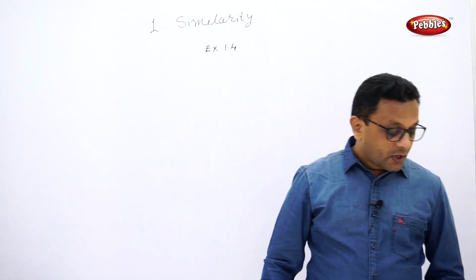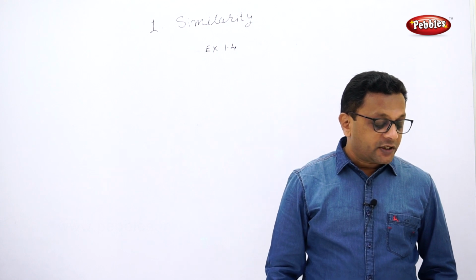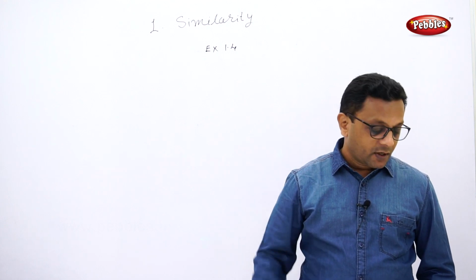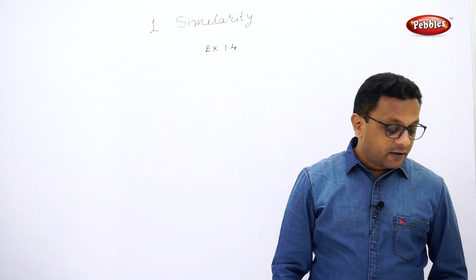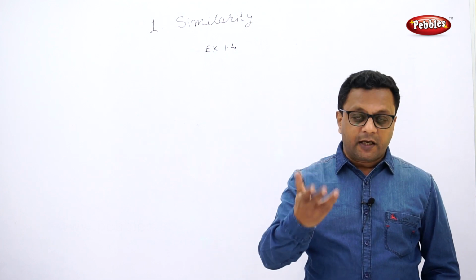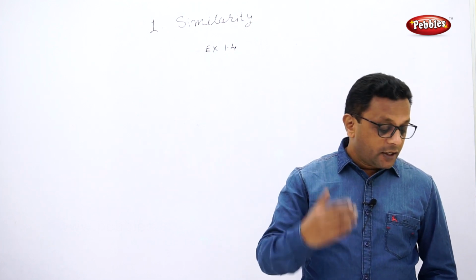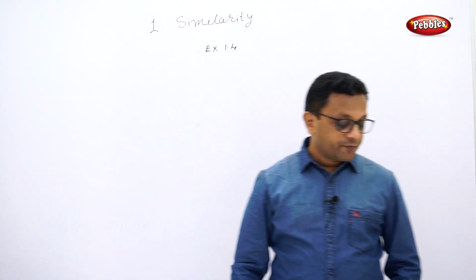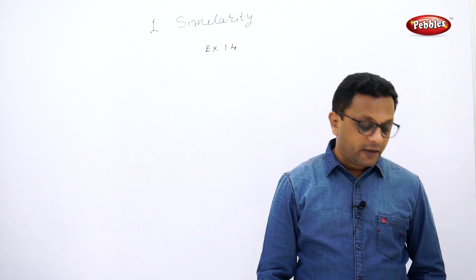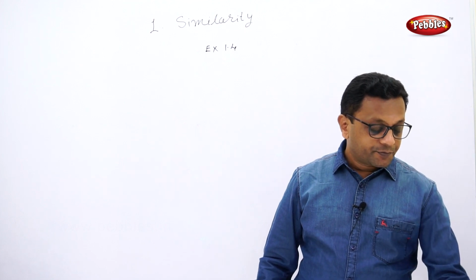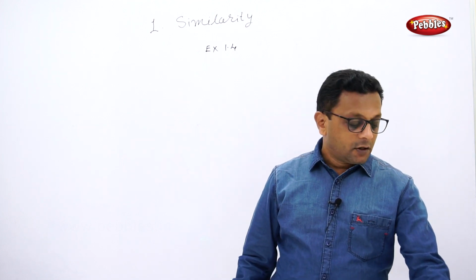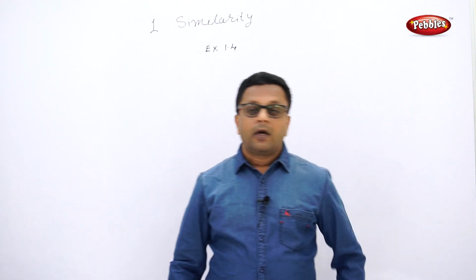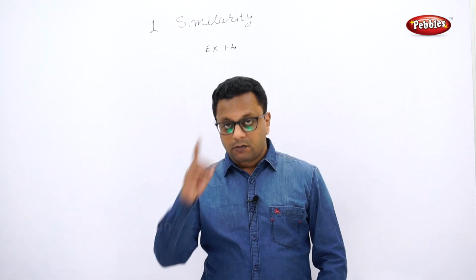Okay, DE is 5.6, then find AB. Very simple, area of triangle ABC upon area of triangle DEF is equal to AB square upon DE square, and hence you can easily find out AB. Nothing difficult in this.